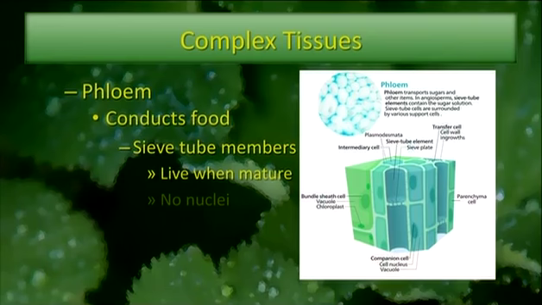They have no nuclei, but next to each sieve tube member is a smaller companion cell. They call them companion cells because they're like a companion to the larger sieve tube member. Companion cells have large nuclei, and they're closely associated with sieve tube members, and they're also associated with the conduction of food.